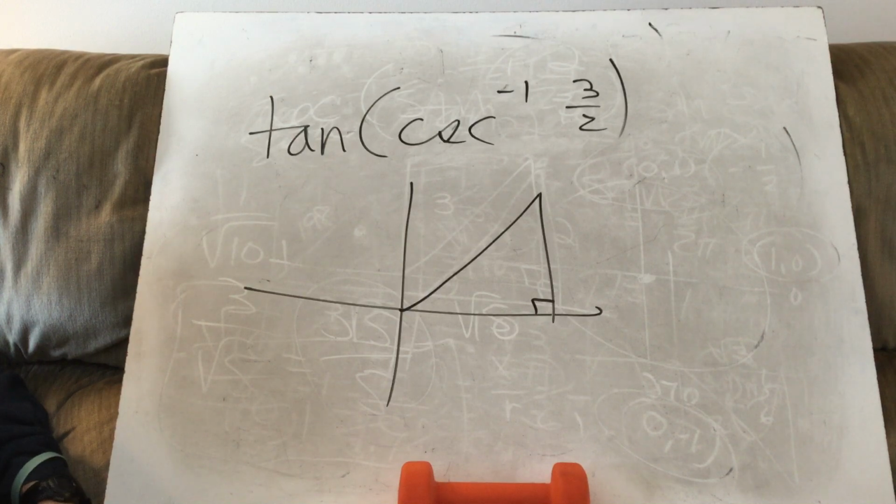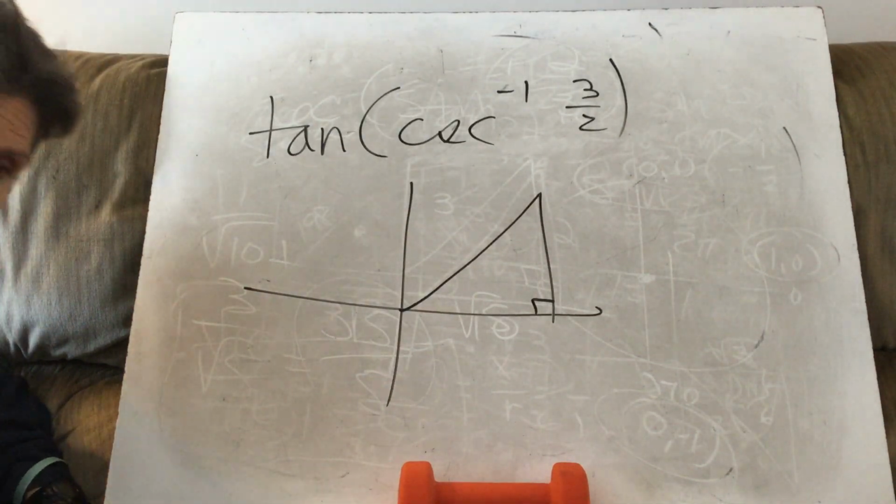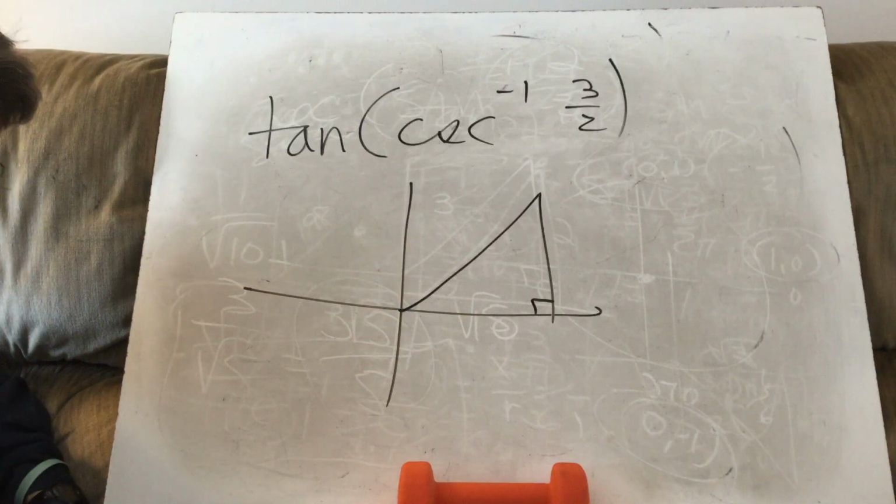Look on your pink sheet. If you're talking, I can't hear you. R over y, or hypotenuse over opposite.